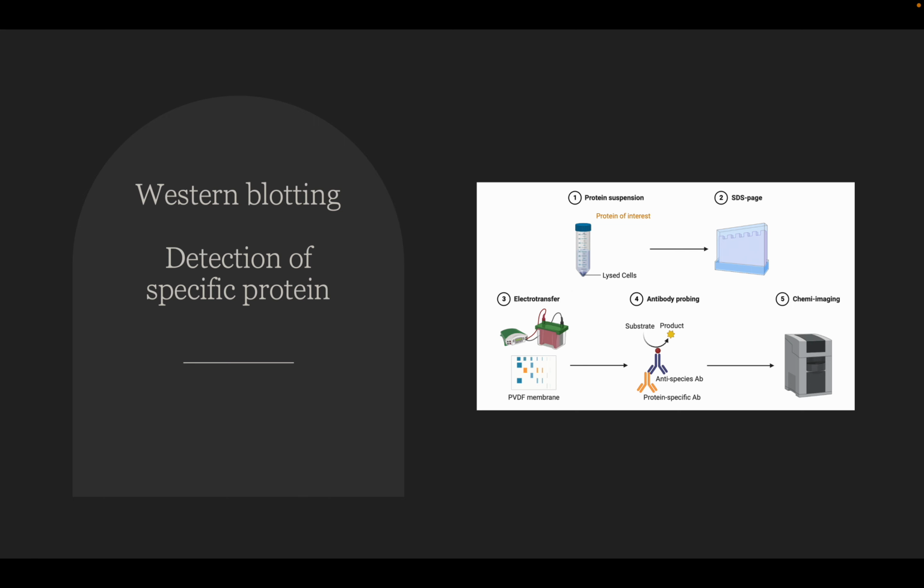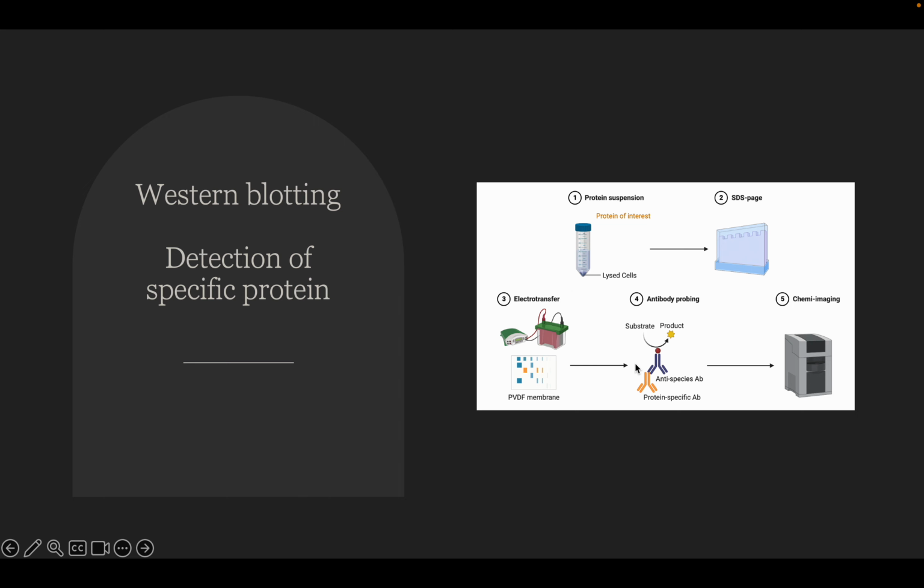But the most common approach used in most labs is you put a primary antibody which recognizes the protein of your interest on the membrane, and then you incubate again with a secondary antibody, which will bind to the constant region of the primary antibody. The secondary antibody is tagged with a protein called HRP.